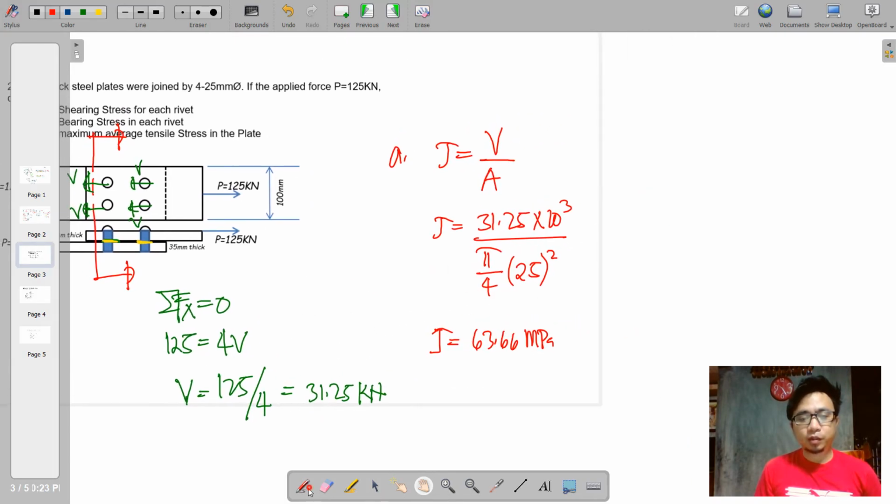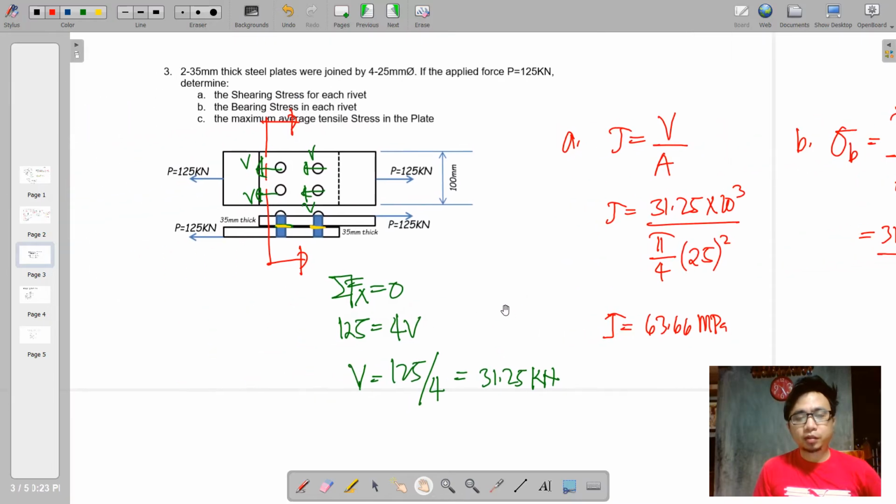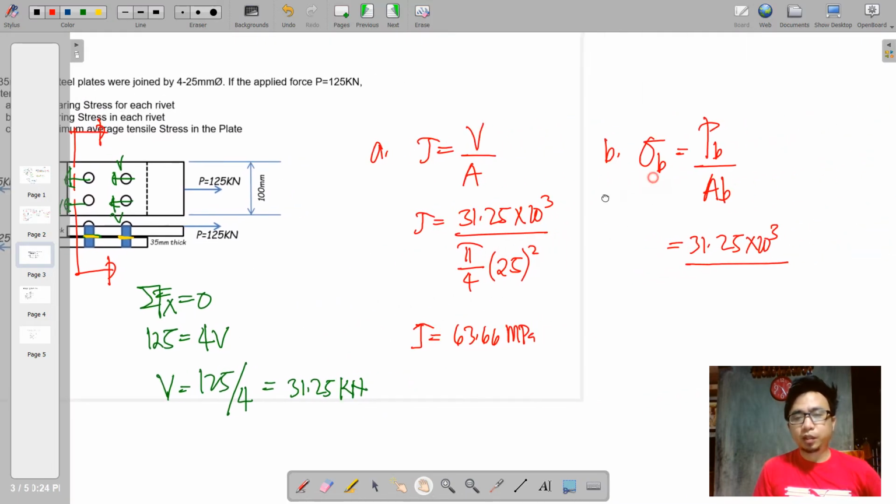So just the same, we are going to substitute into the bearing stress formula. So we have here 31.25 times 1000. So this time the bearing area is the contact between the rivet.